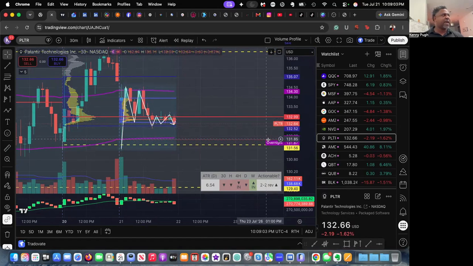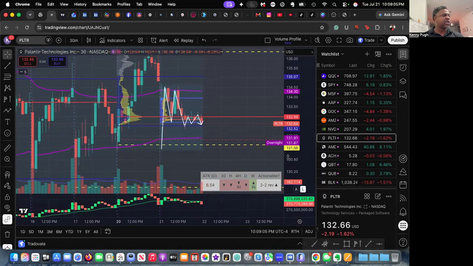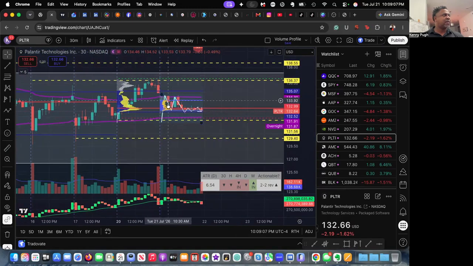So this would have been a no-go for me because we're in the middle of a zone, as well as the price action just didn't show anything but a balance. Once again, I'm looking to take advantage of imbalanced moves. If I do trade a balanced move, then my targets are very short. I'm not looking for huge moves, and my assumption is it's going to operate in balance until we transition into an imbalanced state.